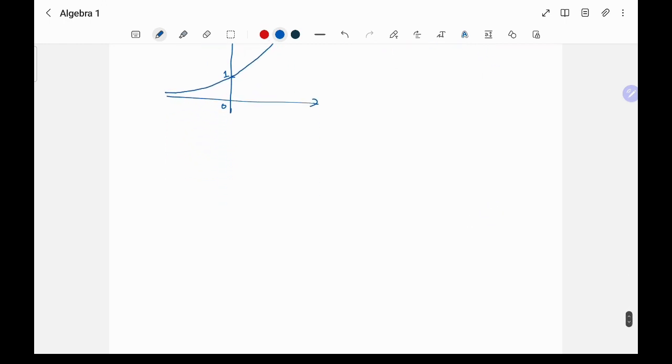Next we have the inverse of a function. One basic idea is that the inverse of a function is also a function.